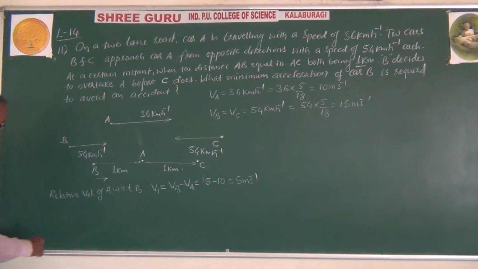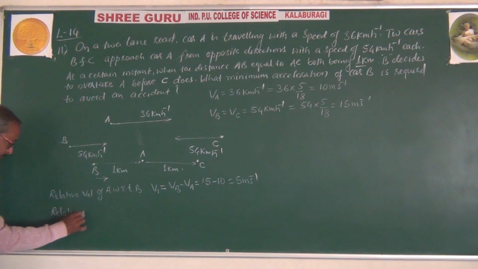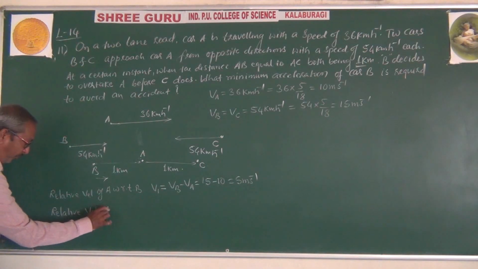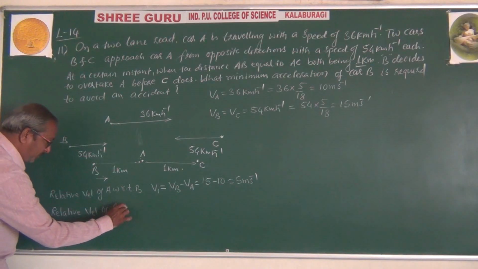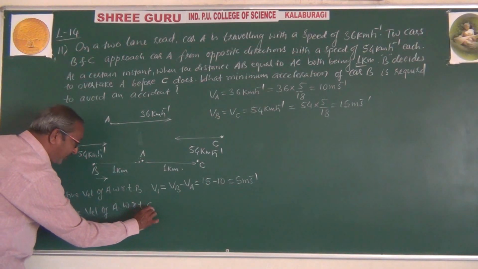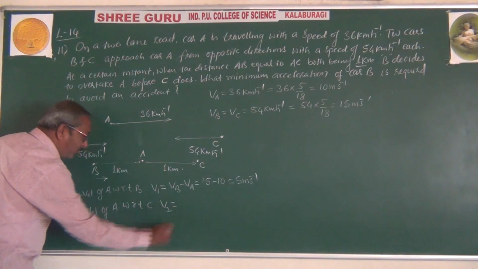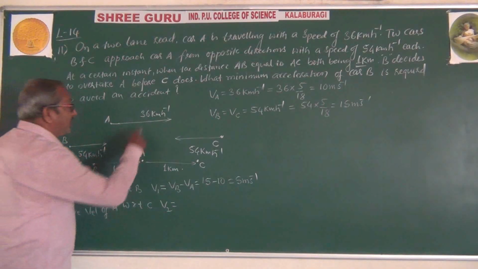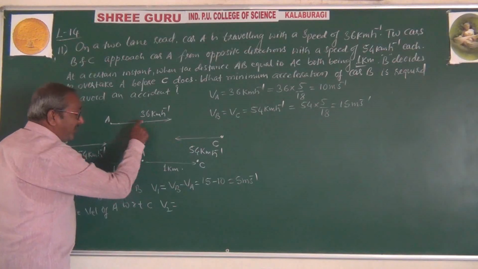Then similarly, the relative velocity of A with respect to C, that is V2. Now here A and C are opposite in direction.